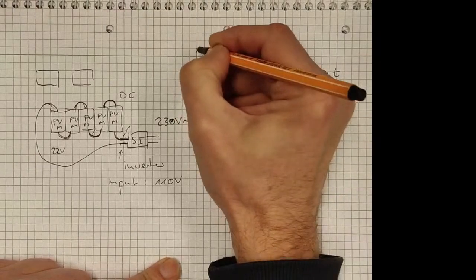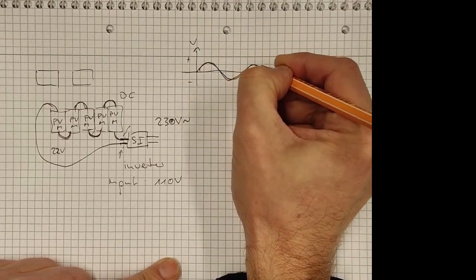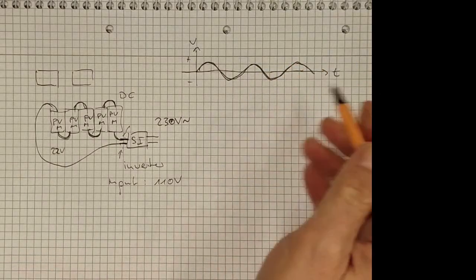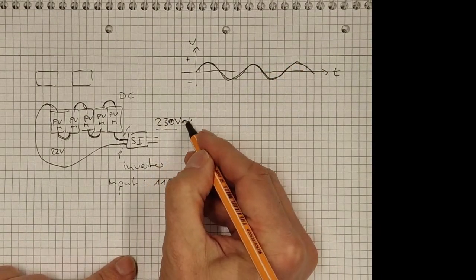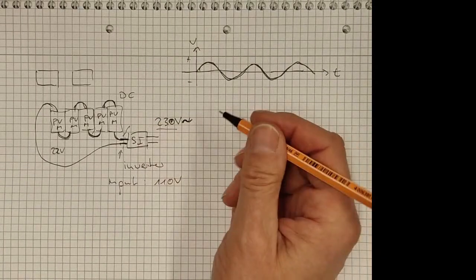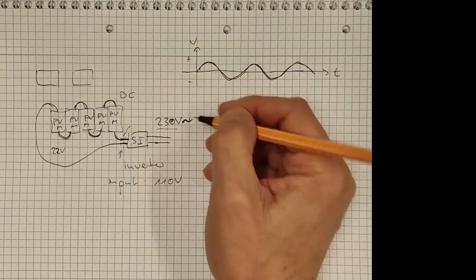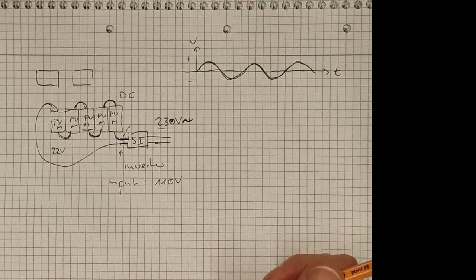This is the time, and this is the voltage, positive voltage, negative voltage, and we have an effective amplitude of 230 volts. So this is what you would like to have, because this can be then fed into the mains, and you can use it for your appliances, for example.